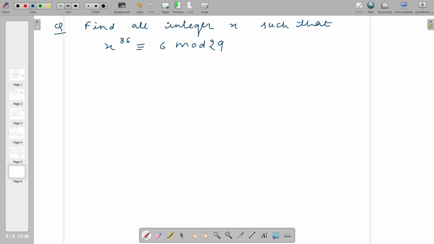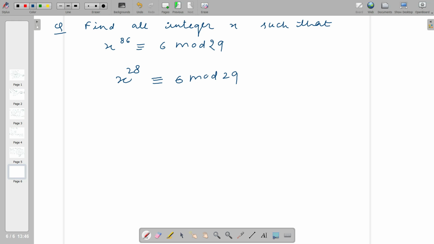So from Fermat's little theorem, we know that x to the power 28, which is p minus 1, is congruent to 1 mod 29. So it means we assume that x and 29 are co-prime to each other. So we apply Fermat's little theorem here.